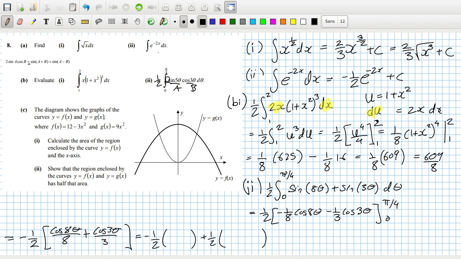Okay, so if I put 0 in here, that would be 1 over 8 plus 1 over 3. And then if I put pi over 4, that would be cos 2 pi over 8 plus cos 3/4 pi over 3. Okay, cos 2 pi over 8 plus cos 3/4 pi.